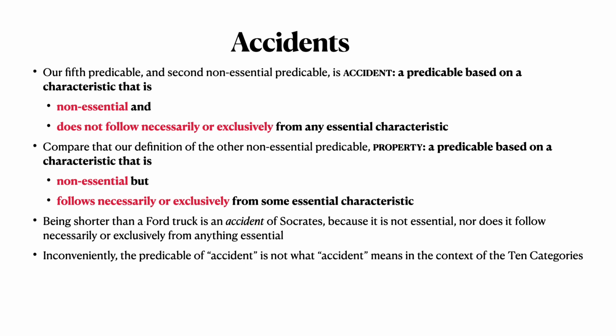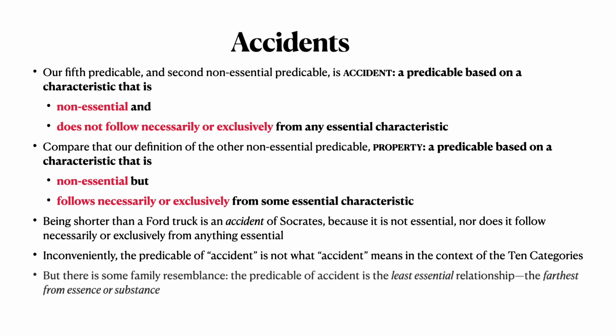And we did learn that the accidents are less important or less central to the concept than the substance of the concept. So that means that there is some family resemblance. The predicable of accident is the least essential relationship that you can have between an inferior and the universal, just as it's the farthest from essence or substance, and accidents are also not substance in the 10 categories.